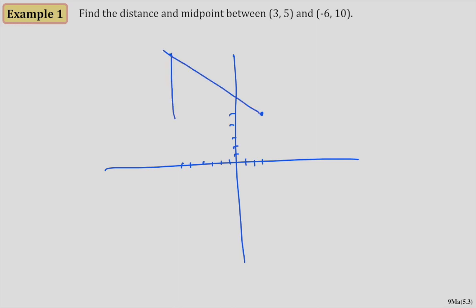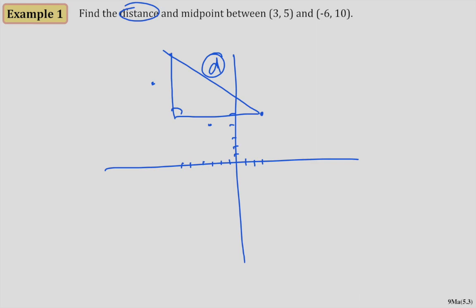Find the distance and the midpoint between (3, 5) and (-6, 10). I'm not going to draw the graph. I could do this: out 3, up 1, 2, 3, 4, 5 and put a dot. Out 6, up 10 and put a dot. Join them, do a triangle, find this length and use Pythagoras to find the distance between them.